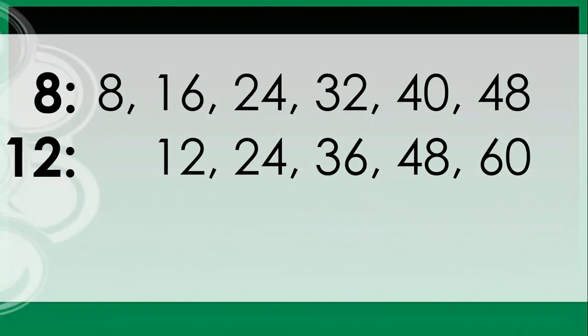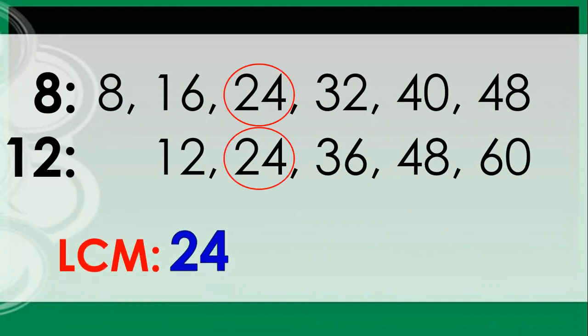Notice that in both lists, 24 and 48 are common multiples of 8 and 12. 24 is the smallest among all the common multiples. Therefore, 24 is the least common multiple of 8 and 12. Therefore, Grandfather and Uncle Roy will visit us again at the same time after 24 days, which is August 28, and every 24 days thereafter.